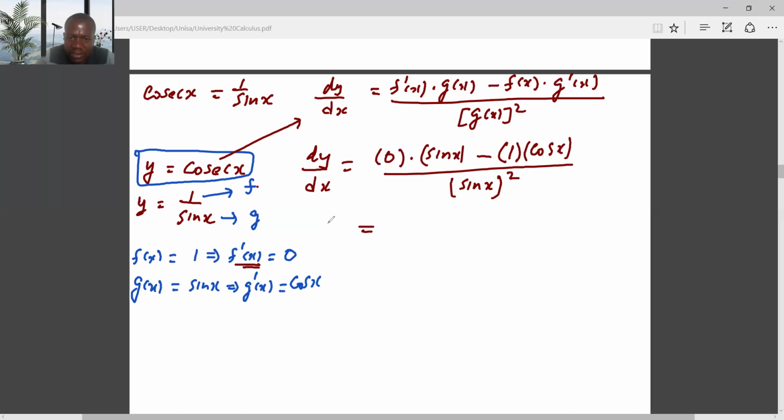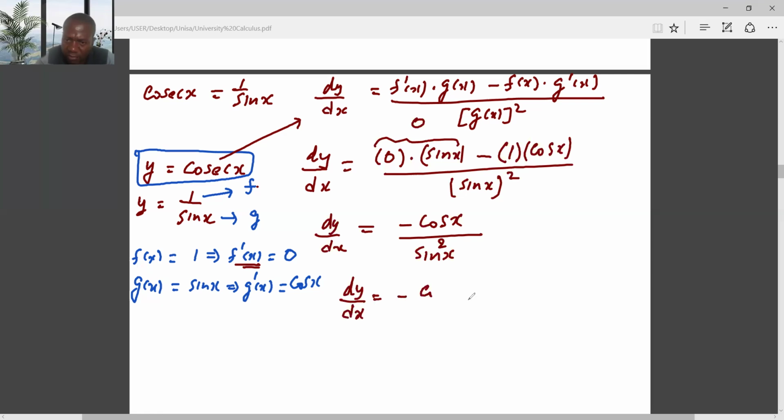Let's simplify this. dy over dx. Look at this part, guys. This is 0. So we're going to remain with negative cos x over the denominator sine squared x. Look at this, guys. We can work this out. We can say this is dy over dx, this is minus. We can write it as minus cos x over sine x.